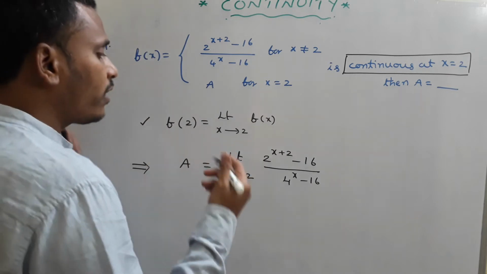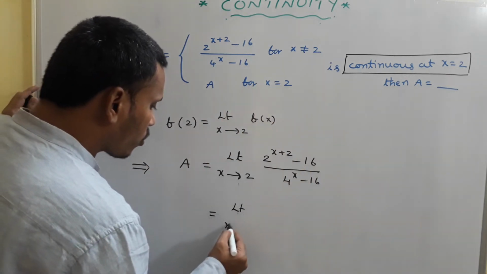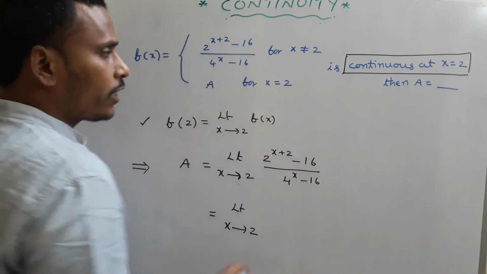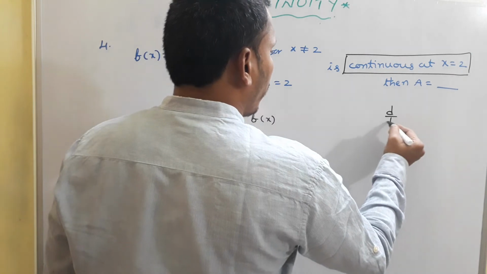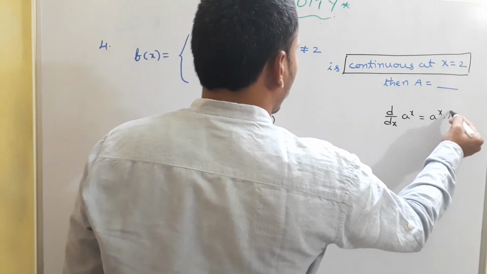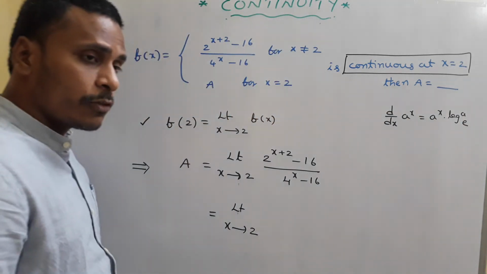Since it is the 0 by 0 form, simply use L'Hospital's rule to find the limit value. That means you just write the derivative of the numerator by the derivative of the denominator. I think you all know the derivative of a^x: d/dx of a^x is simply a^x into log a to the base e. We will use this to find this particular limit.